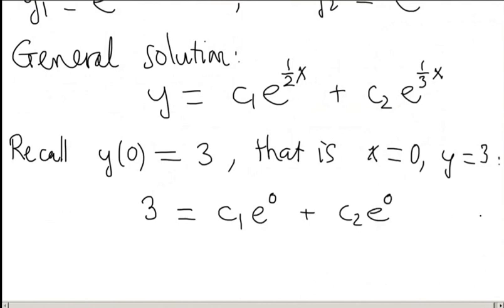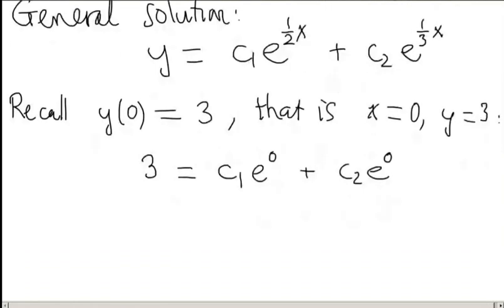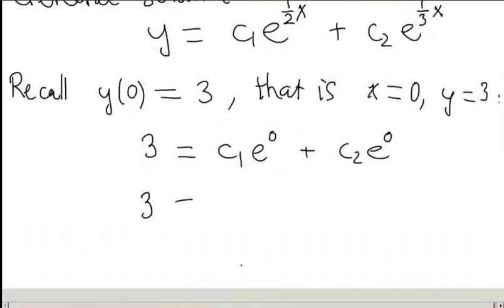Now keep in mind, we need to plug in the values of x and the value of y. For the example here and the last example, x equals 0. But sometimes x may be, say, 1. Then you need to plug 1 for x. Okay? Remember that. And we have 3 equal to C1 plus C2. This is equation 1 for us.